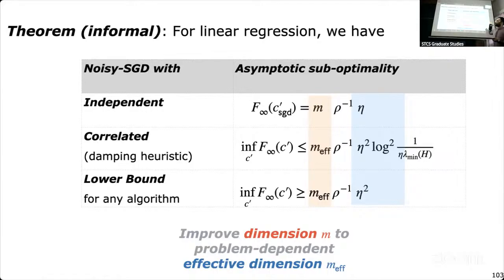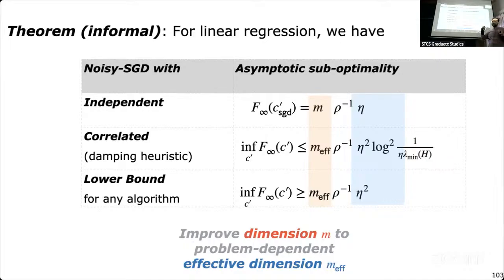This rho inverse is some representation of how much noise we add for a privacy level, although again, there's no differential privacy here. And as a function of the learning rate, we get just eta.